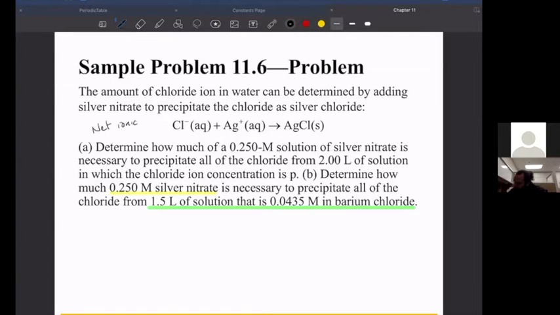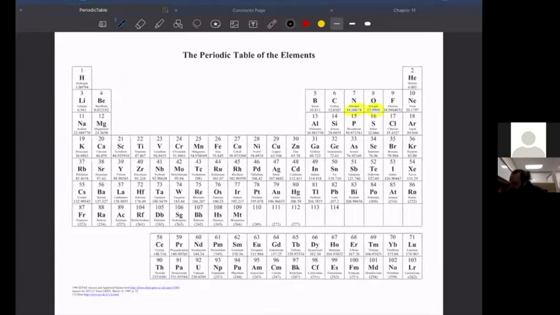We know that we have silver nitrate, so silver nitrate is AgNO3, aqueous. And that's going to combine with barium chloride. I need to figure out what barium chloride is. So remember, when we're looking at our periodic table, we can figure out the charge on these ions. The first column is +1. The second column is +2. Go over to the other side.